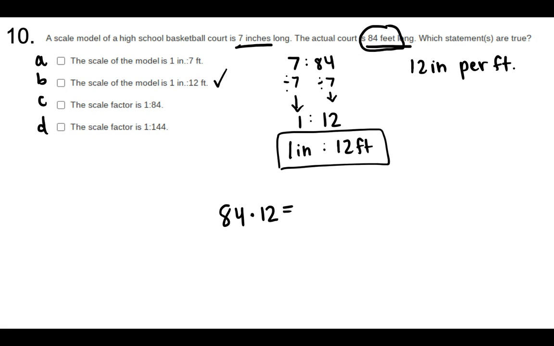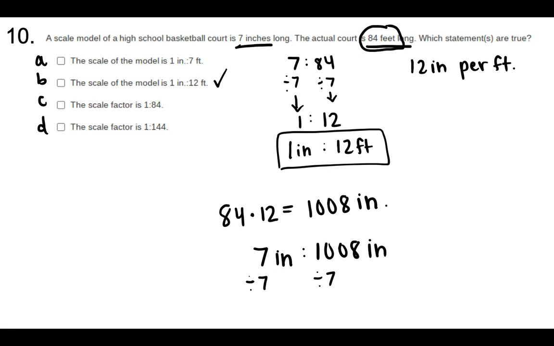By doing 84 times 12, I'm going to get 1,008 inches. All right. So now if I write my ratio, it's going to be 7 inches to 1,008 inches. So now they're in the same unit. And then again, I'm going to divide both by 7. And that is going to give me 1 to 144.